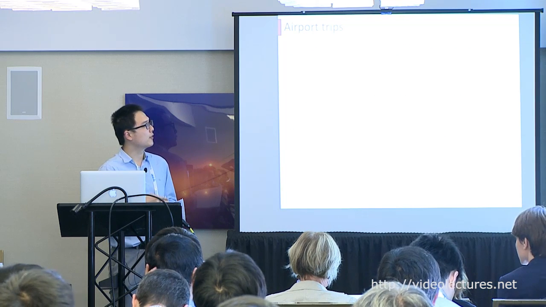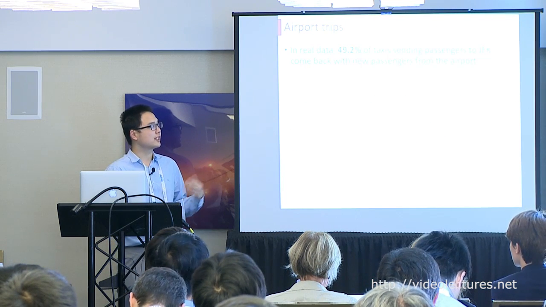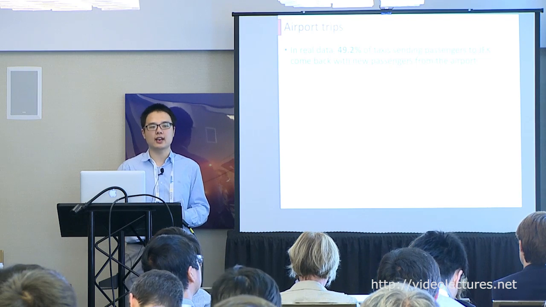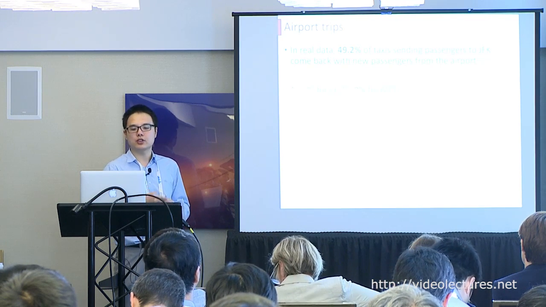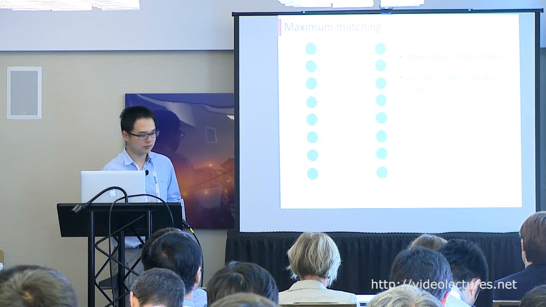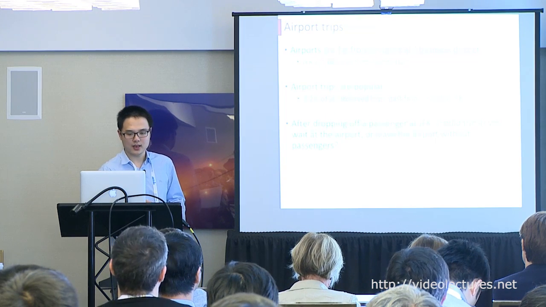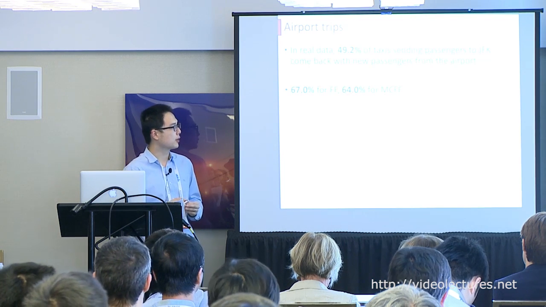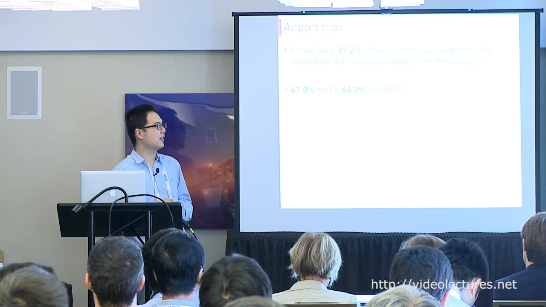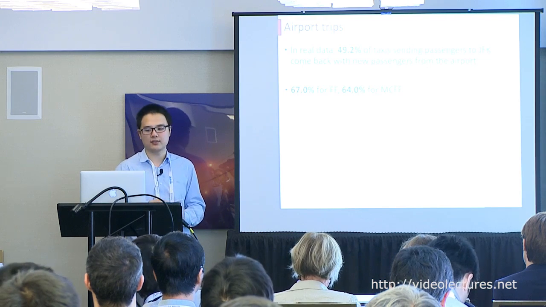In the real data, we found that fewer than half of the taxis sending passengers to JFK come back with new passengers from the airport. However, this ratio increases dramatically in our network flow models to 67% for FF and 64% for MCFF.